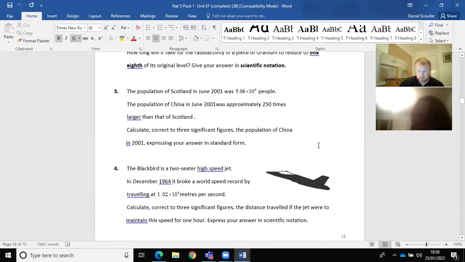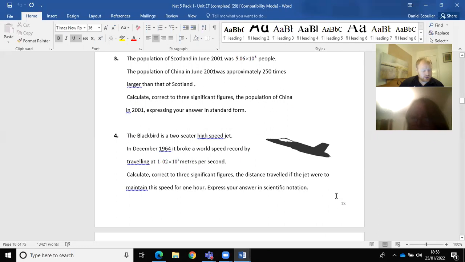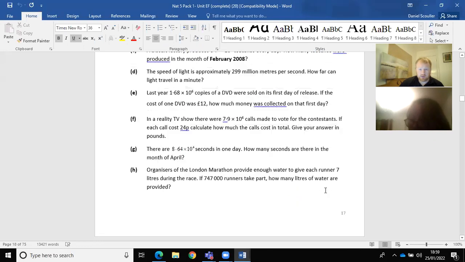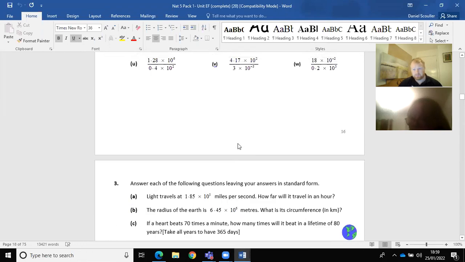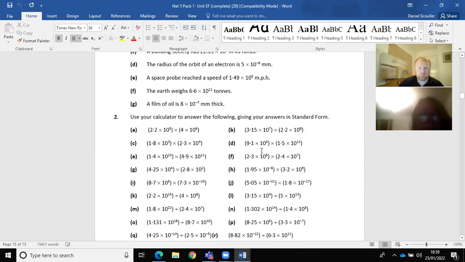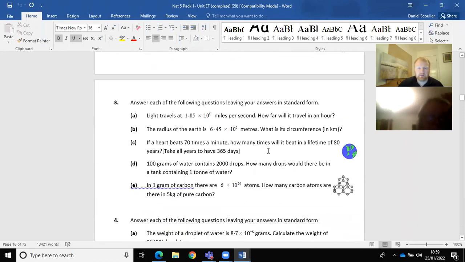You might not have it open on top. Page 18. So 18, 17, and 16. So the first booklet, 16 to 19.